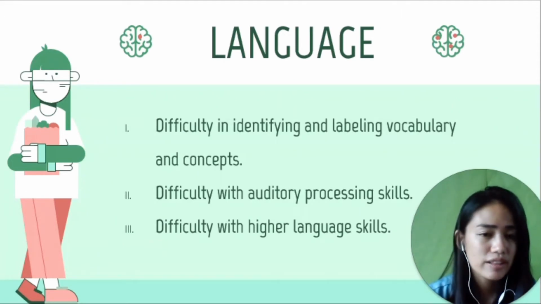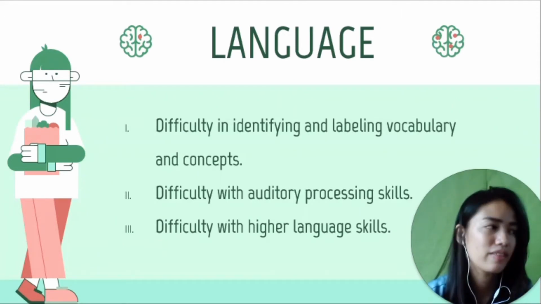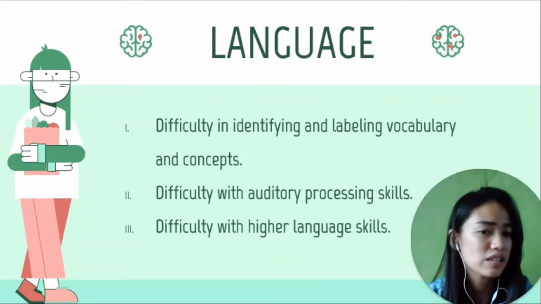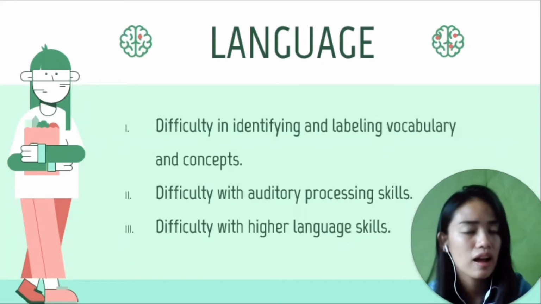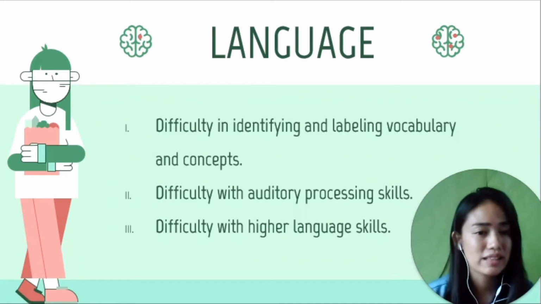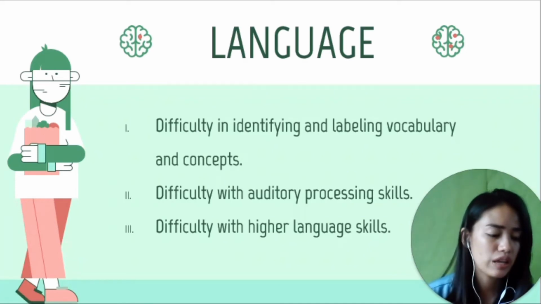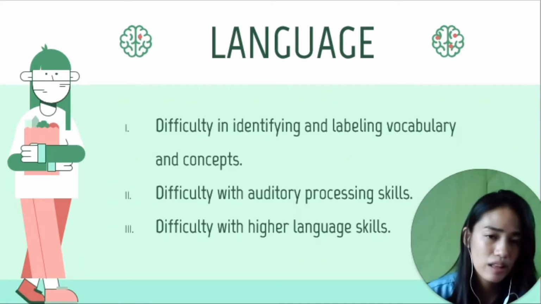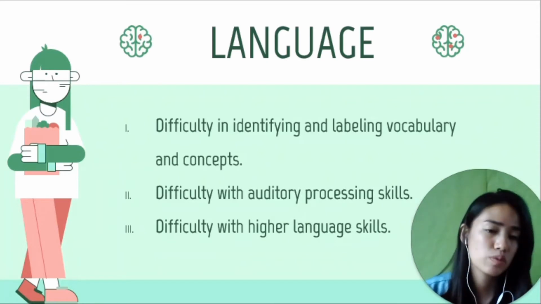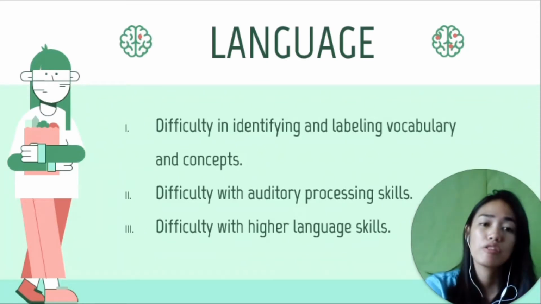So their language learning is affected, and other precursory skills like eye movement, which are baseline skills for language learning. So if the kids have breakdown there, we might as well expect that they have language difficulties.